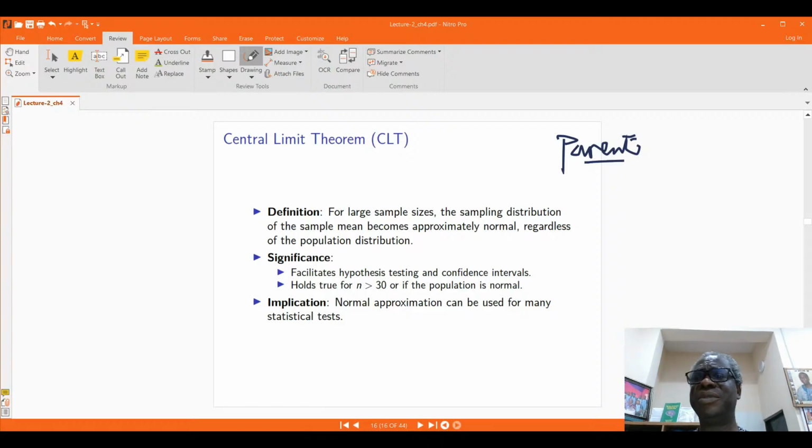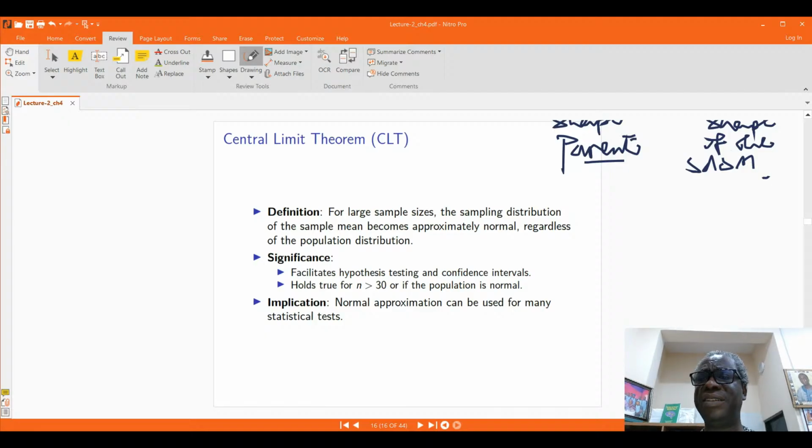So if this is the parent, and this is the shape of the parent, then what is the shape of the sampling distribution of the sample mean?